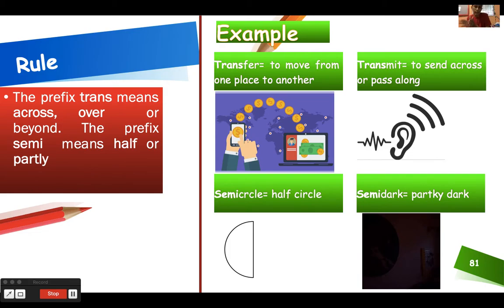It is light, but it also is dark. So the prefix trans means across, over, or beyond, to go forward. And the prefix semi means the half part of something, or partly of something, okay?